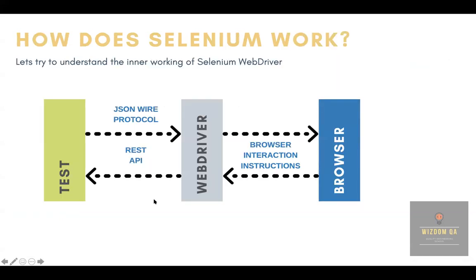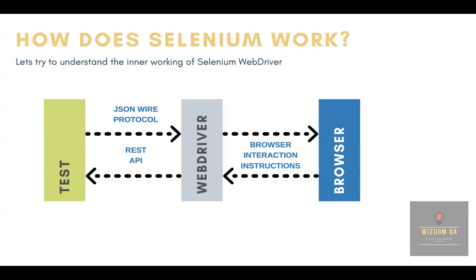So now that we understand a little bit what Selenium is, let us try to understand how Selenium works. On the extreme left, we have our test written in Java. We will show you how a test looks in Java, but later on.